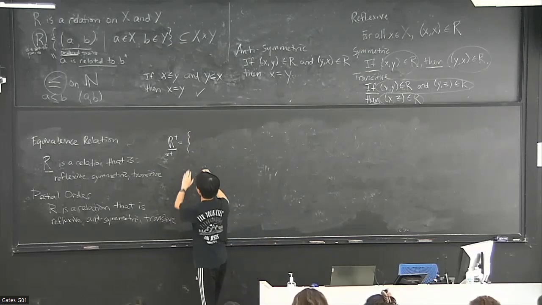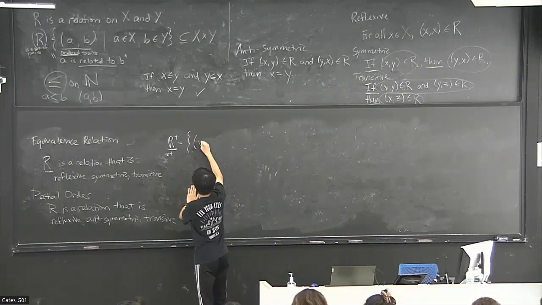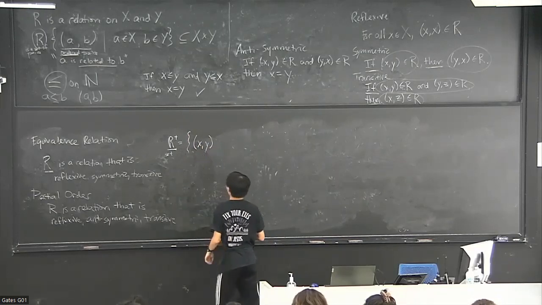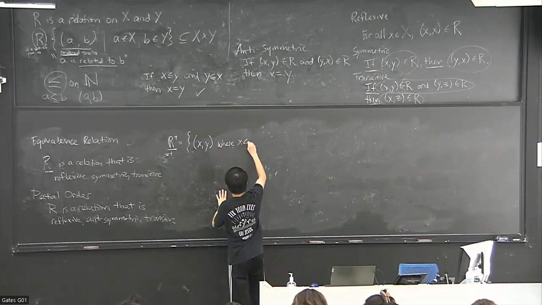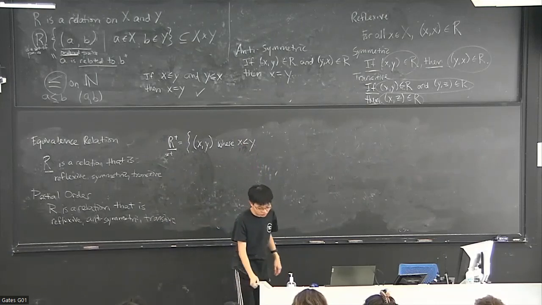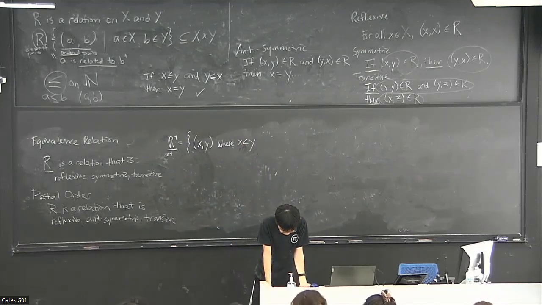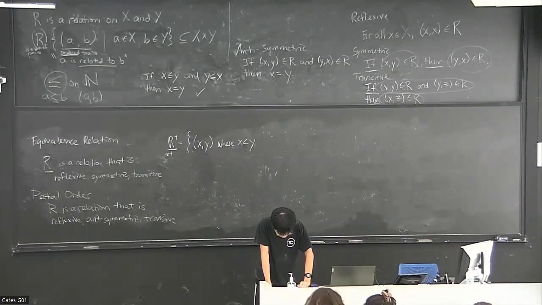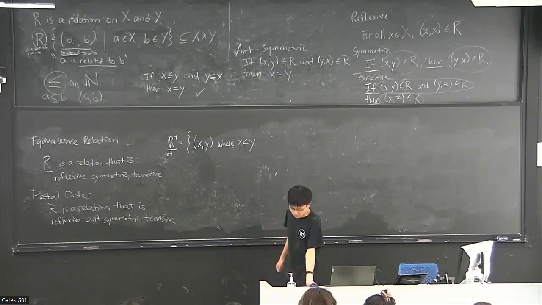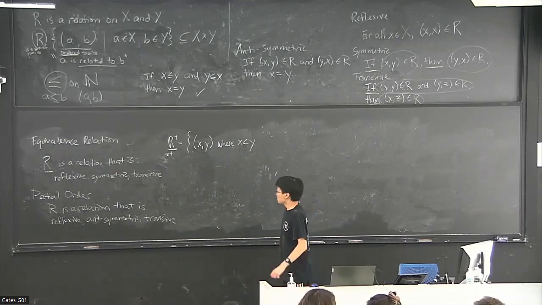So R plus is a set of pairs x, y where, actually, let me change it a bit.